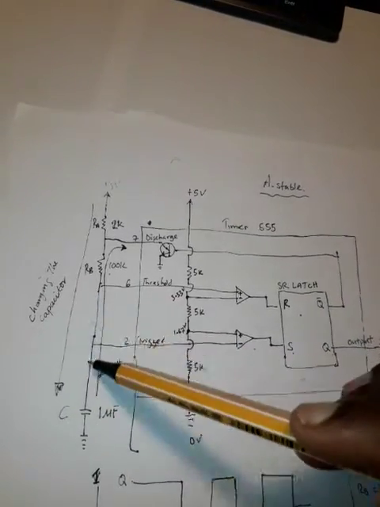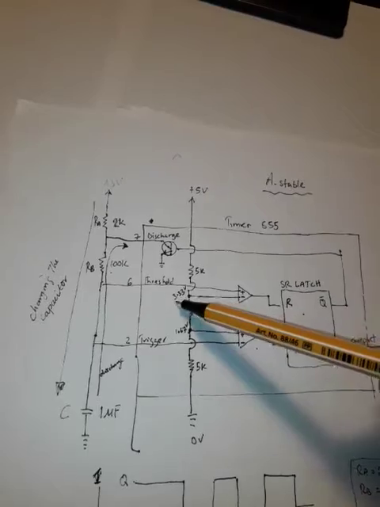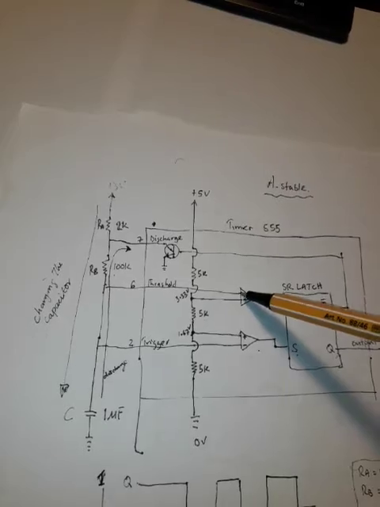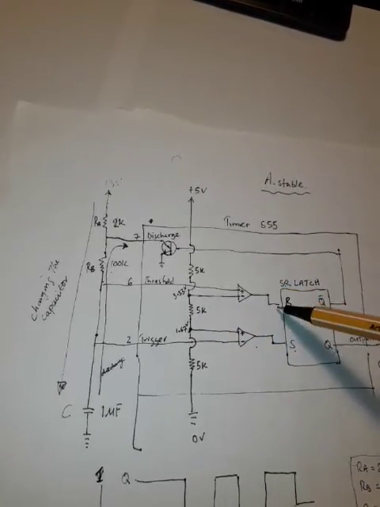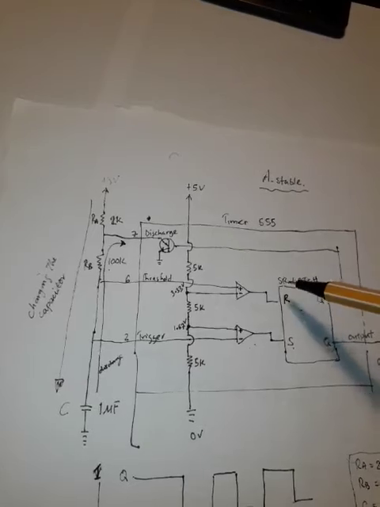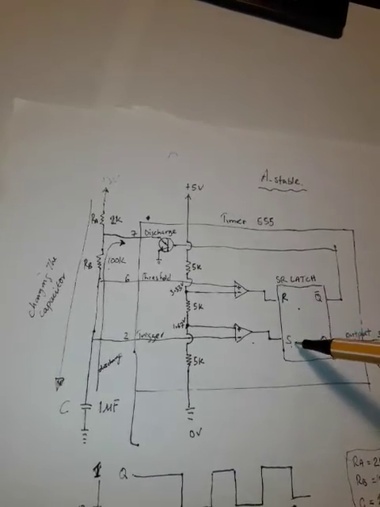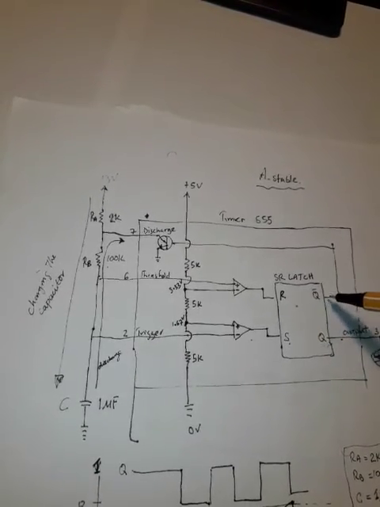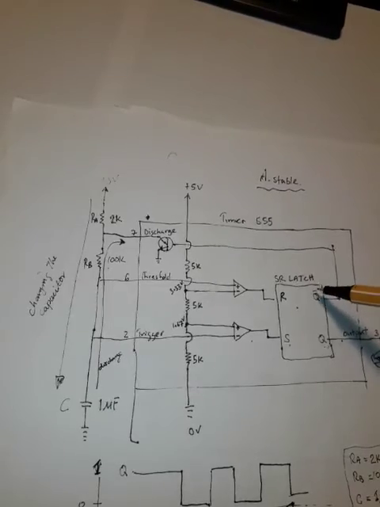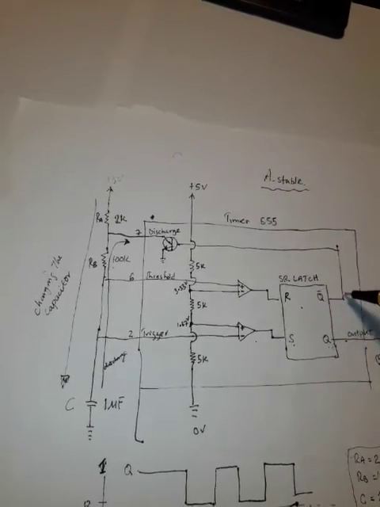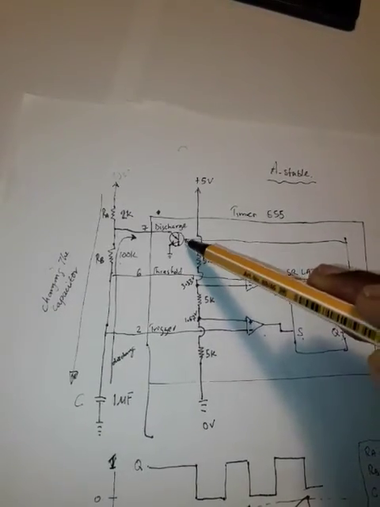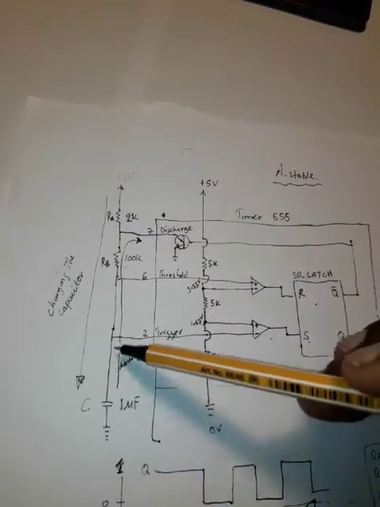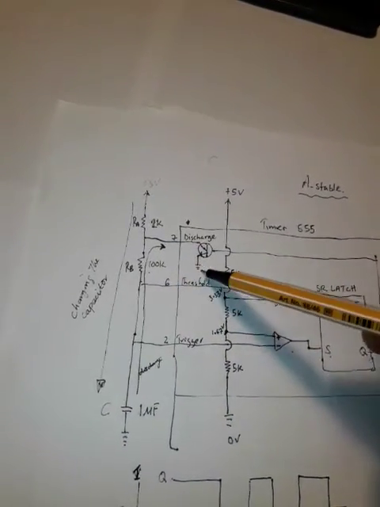So once the capacitor charges up to produce enough volts, which is above 3.3 volts, the reset side of the SR latch is going to set, which would trigger the output off, and we would have the complement of the output high, and this is going to activate this transistor, therefore allowing the capacitor to discharge to ground.